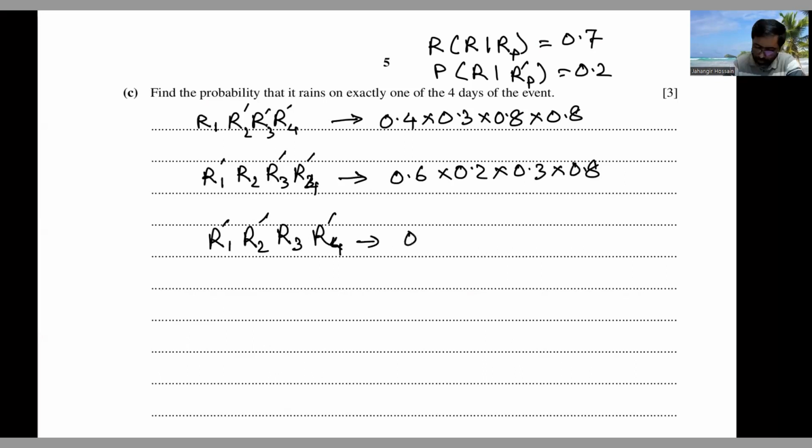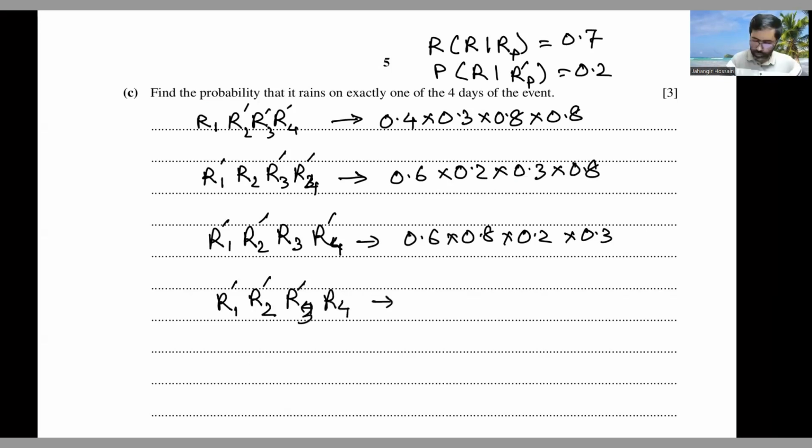So it will be 0.6, 0.8, 0.2. Then there's the rain on Wednesday, the fourth day. So not rain, not rain, not rain, and finally it rains.